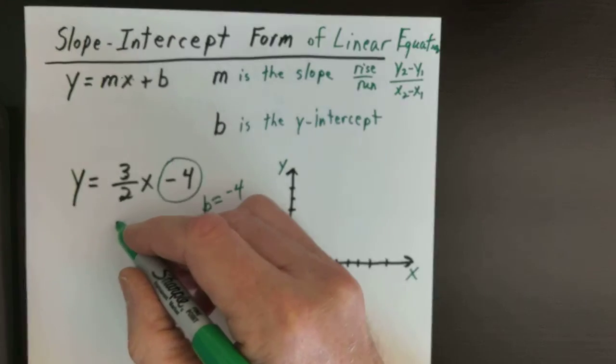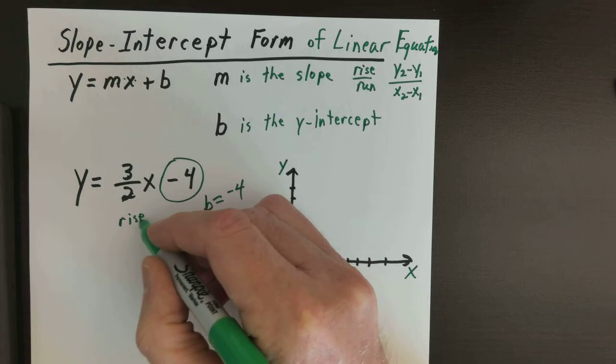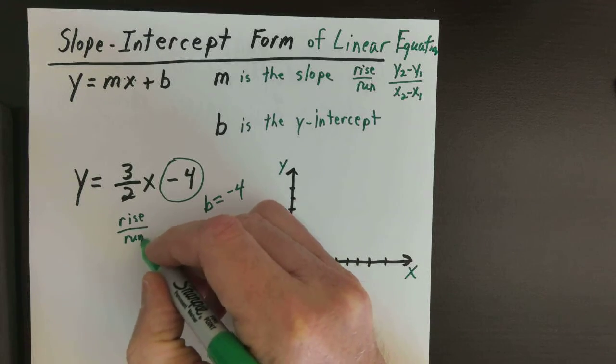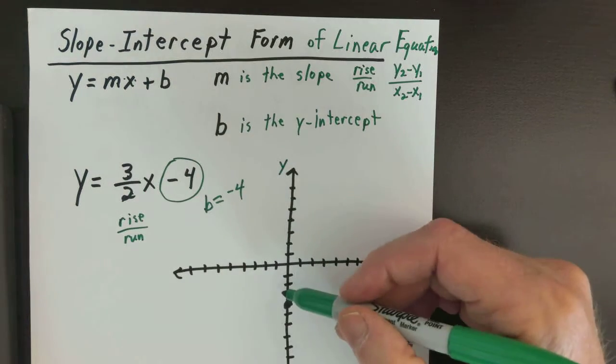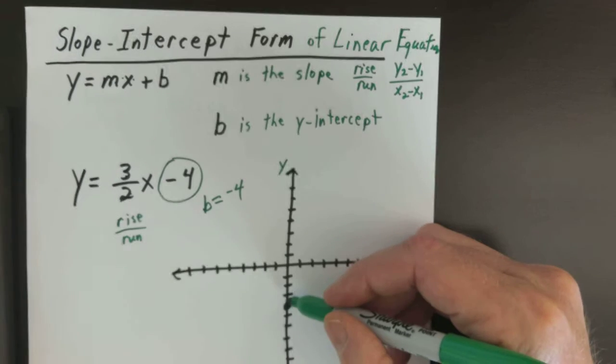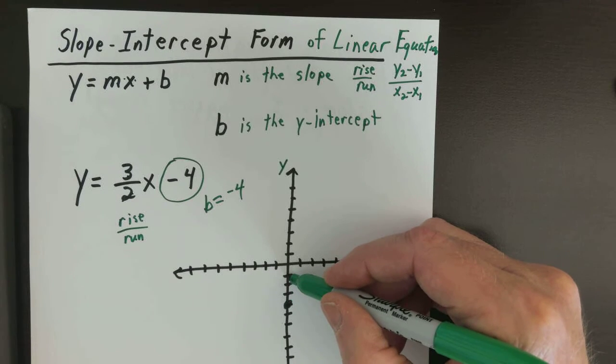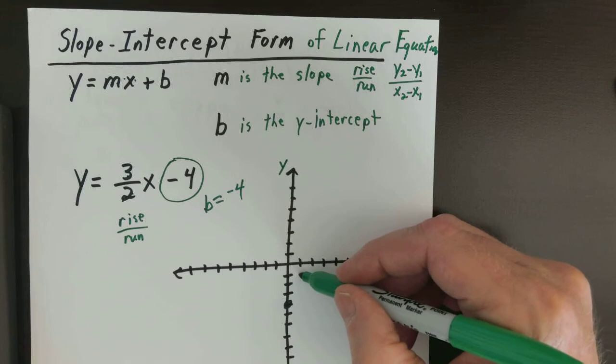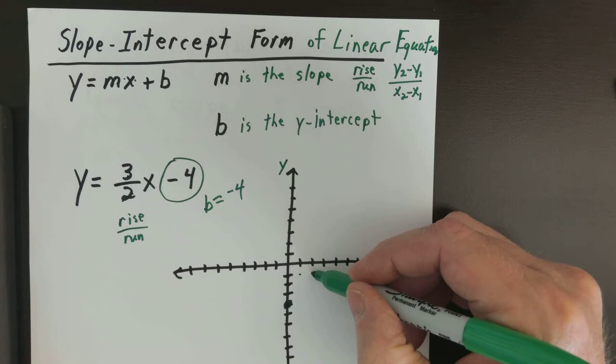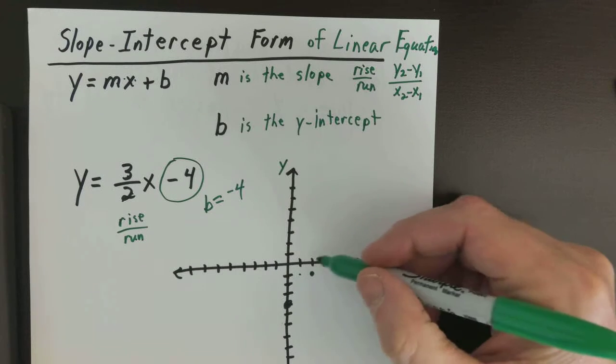And then 3/2, that's the rise over the run. A rise of 3 units means go up 1, 2, 3 units, because it's positive, and a run of 2, go right 1, 2 units. So it goes through that point here, and I might make a couple of these.